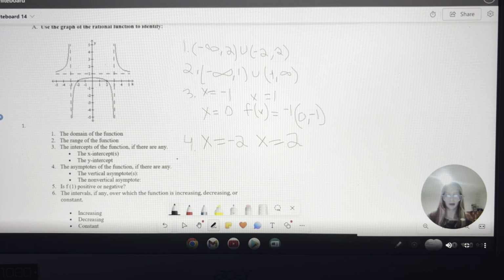And the non-vertical are the horizontal ones, so that would be just 1 right here. y equals 1.